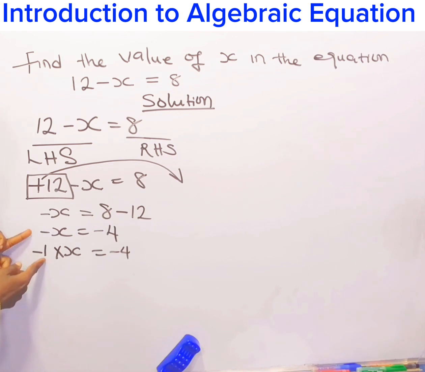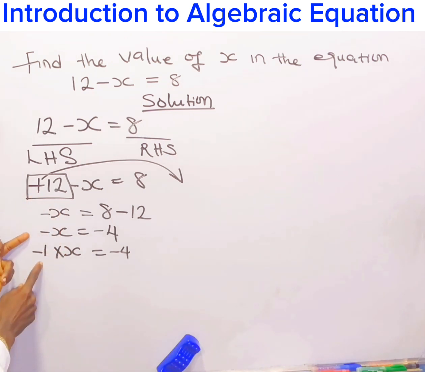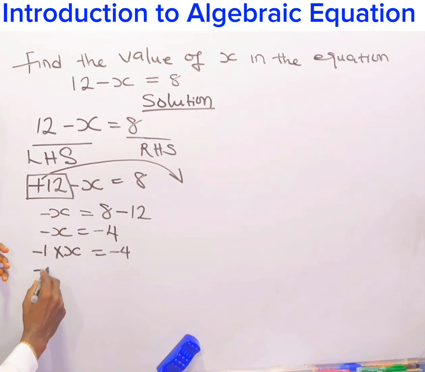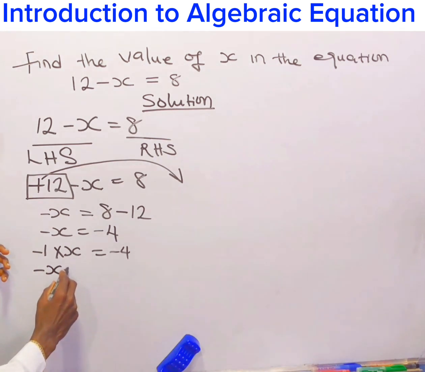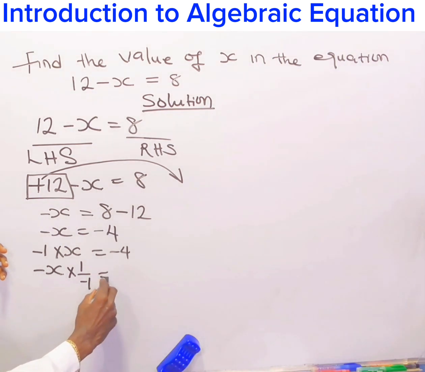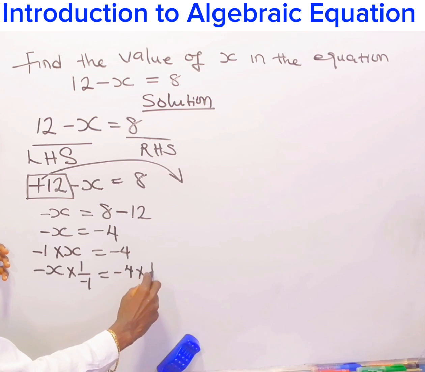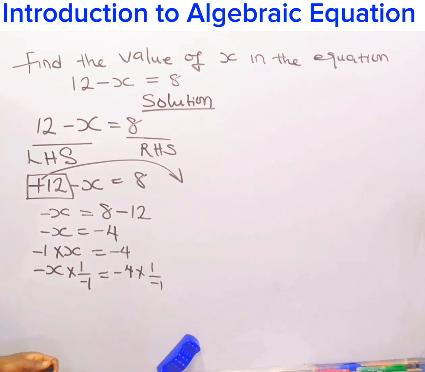So what do we multiply all of this by, so that the coefficient of x is only 1, only x, not -x? It is -x times 1 over -1 equals -4 times 1 over -1.